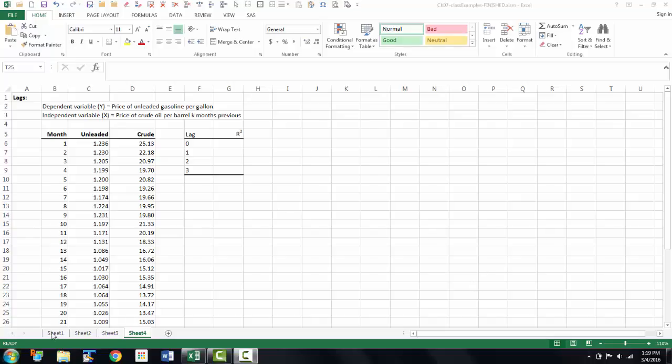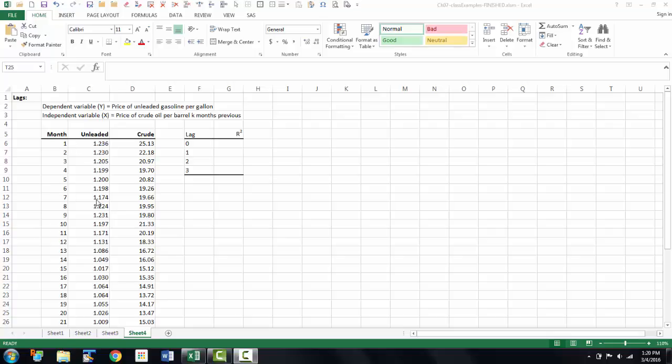So here in this example, we have a dependent variable Y, which is the price of unleaded gasoline, and the predictor variable is the price of crude oil. Now we are expecting that there will be a time gap between a change in price in the crude oil and the time by which the effect of it will be reflected in the price of unleaded gas.